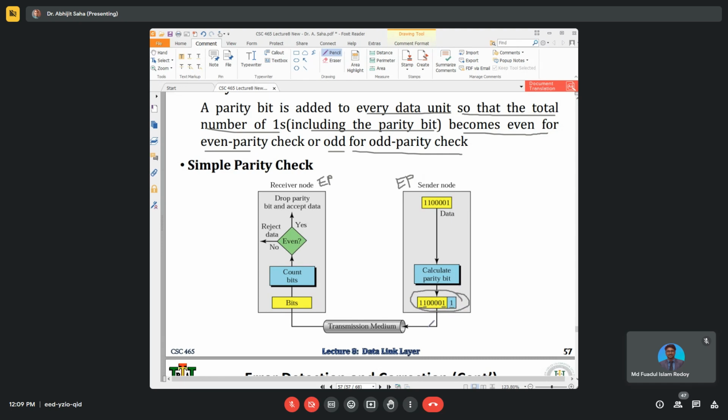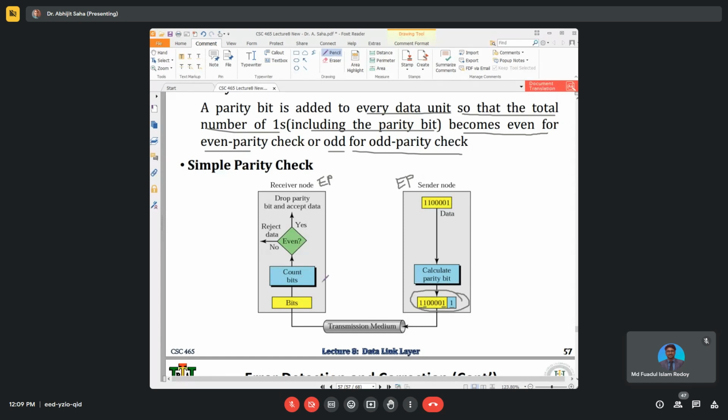So this 1-bit parity is added to the original data and transmitted through the transmission medium. The receiver node receives these bits and then counts them. What is it going to count? It is going to count whether the number of ones is even or not.